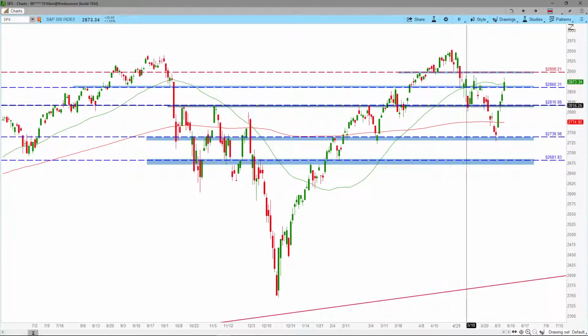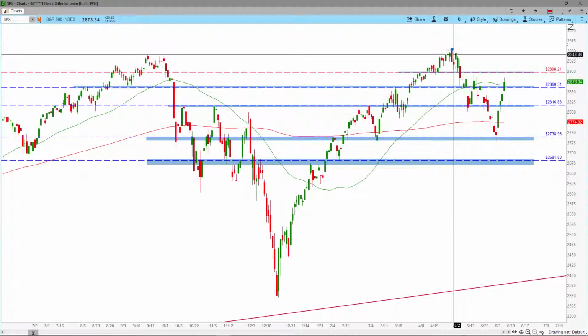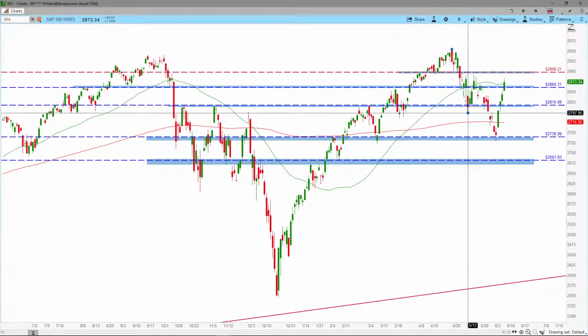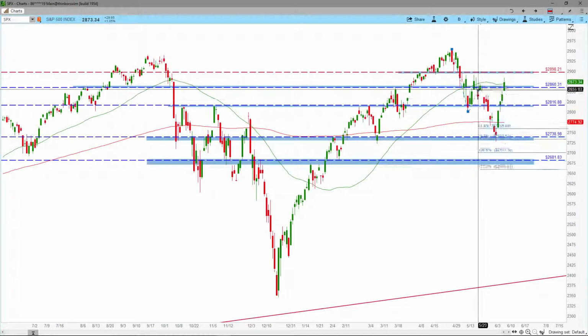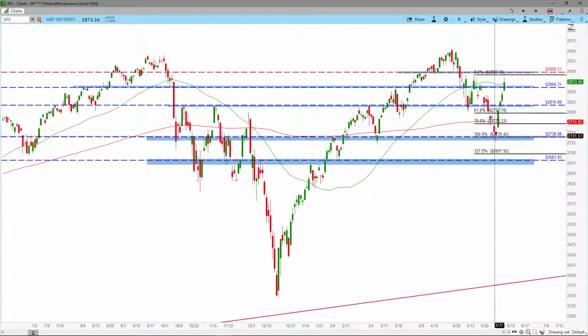So we use a Fibonacci extension. We measure this swing, come back up to this top here, and extend it down. So this is the 100% level, 2739.45. So that's very close to where it ended, which is 2728.81 on this low.